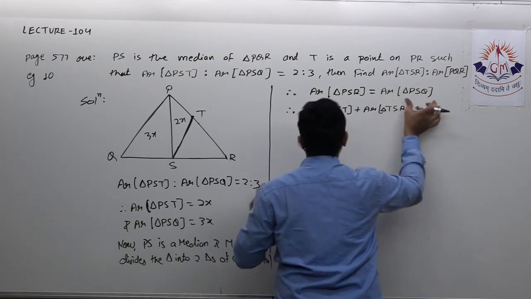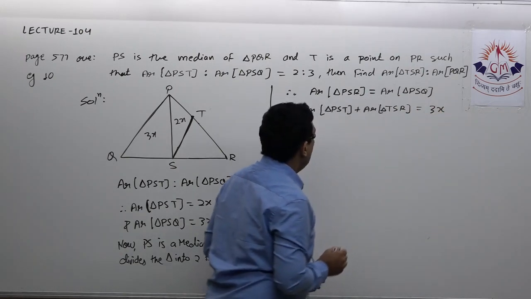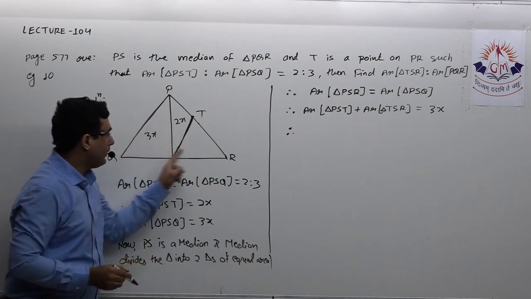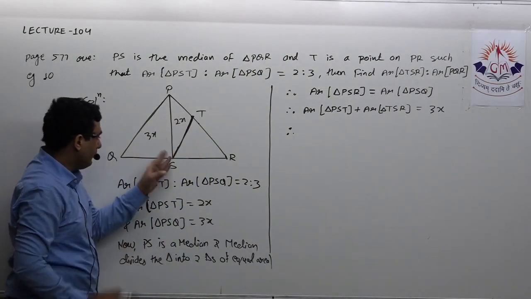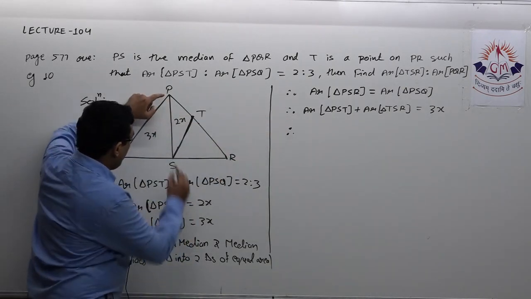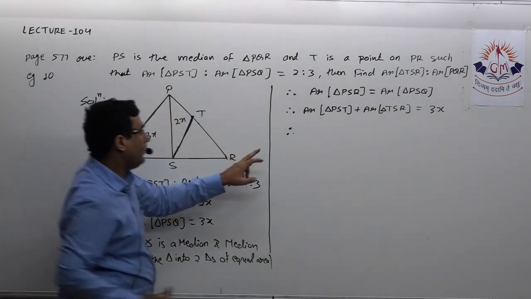And in place of area PSQ, I write 3x. What I did is, the right triangle PSR and the triangle on the left side of PS are equal because PS is the median. Now, instead of PSR, I wrote PST plus TSR.